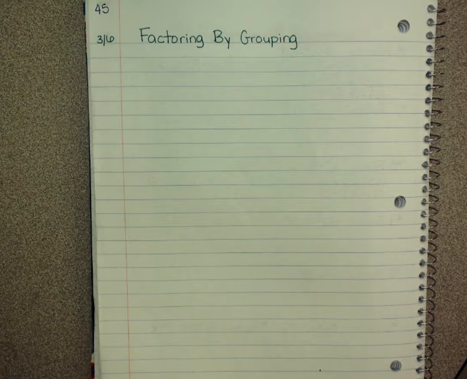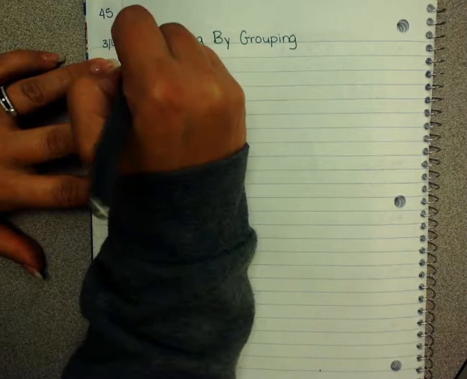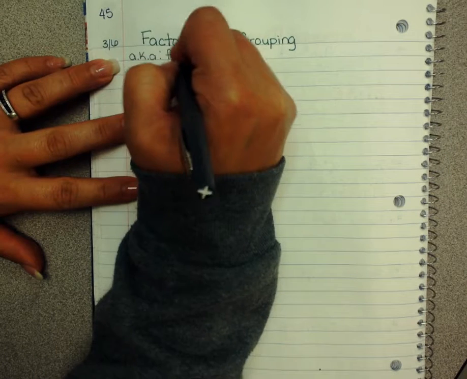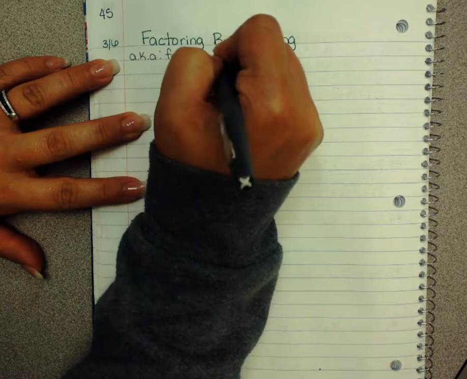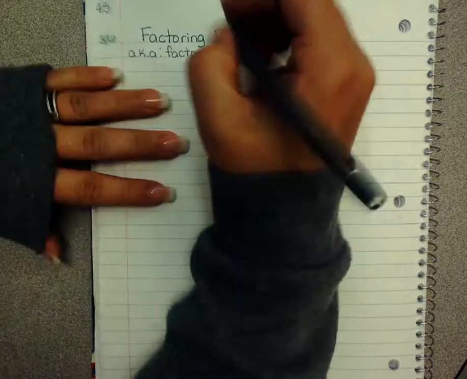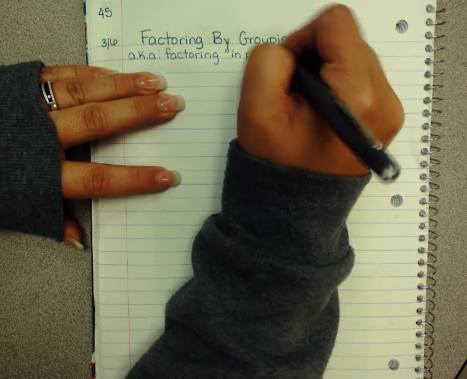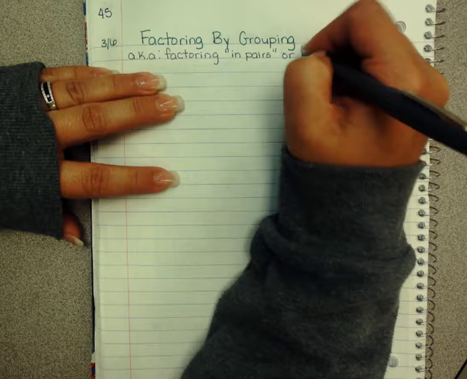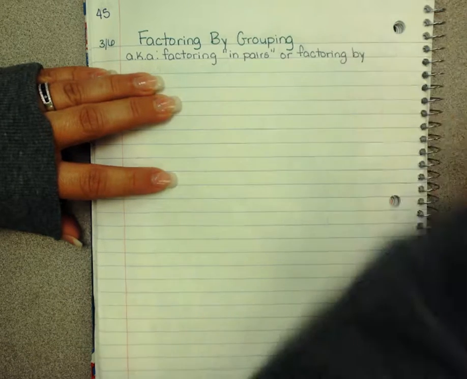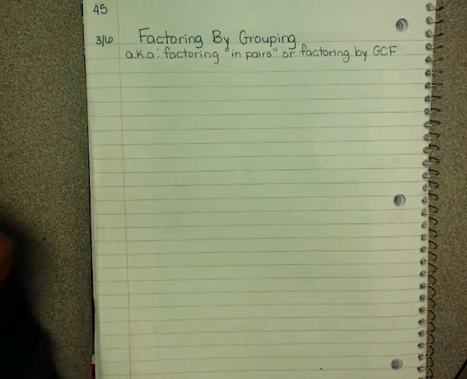So factoring by grouping, aka factoring in pairs, or we can call it factoring by GCF, greatest common factor, because that's what we're going to be using to pull them out. You guys have most of these notes, I'm just going to run through it in case somebody missed them.